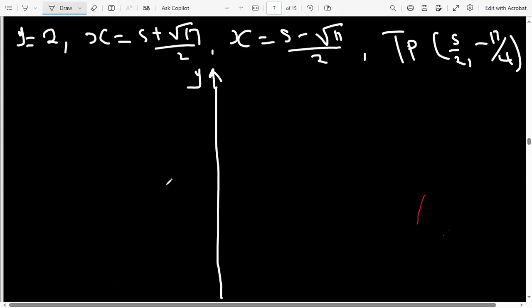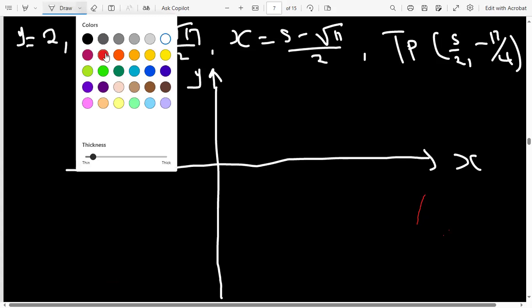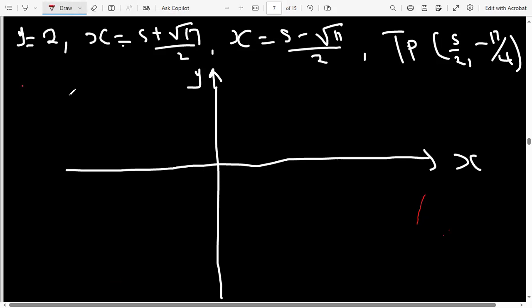And let me put my x-axis somewhere there. So this is my x. And then we can plot those numbers that we have now. We have the y-intercept at 2. So this is 1, 2. So here we have the y-intercept.